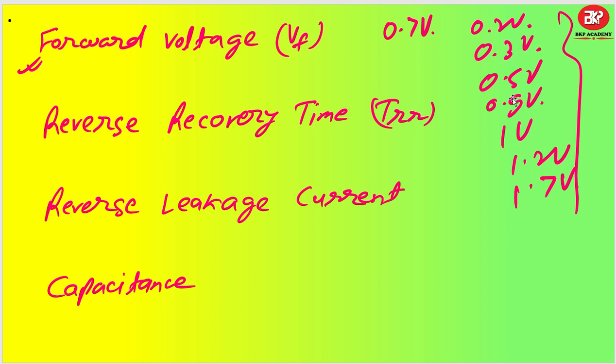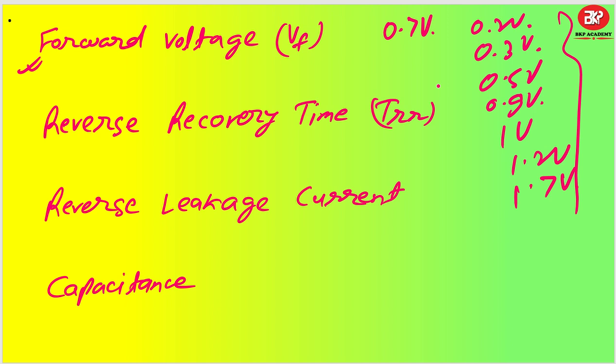Based on your requirement, if your drop is not going to affect your system, then you can choose a little bit higher drop as well, as you try to keep it on the lower side. So you have to choose based on your understanding and your requirement for the design. Okay, so this is the forward voltage drop.